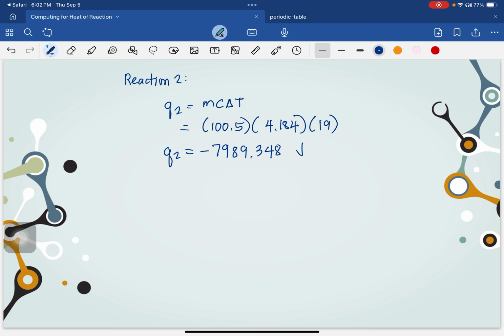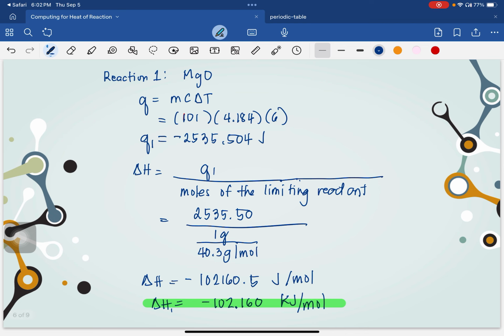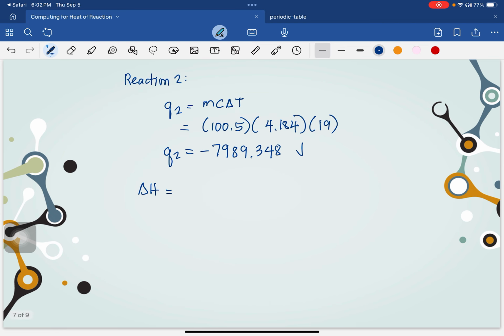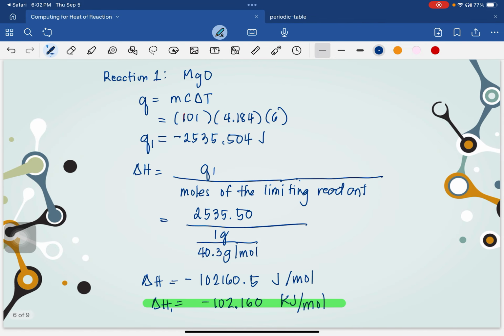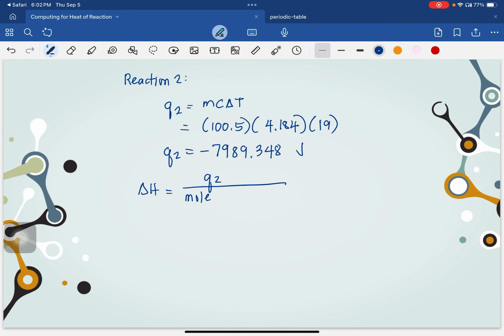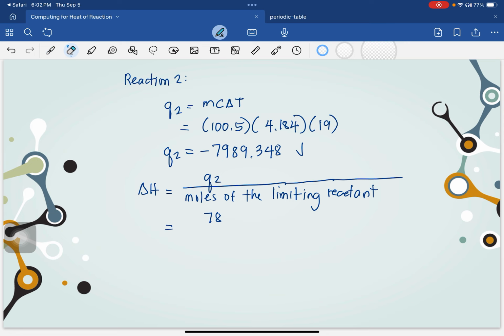Now we'll get the delta H2. So our delta H would be again just copying the formula that we did. Instead of Q1, now this is Q2 all over, of course, the moles of the limiting reactant. So that's 7989.348 all over.